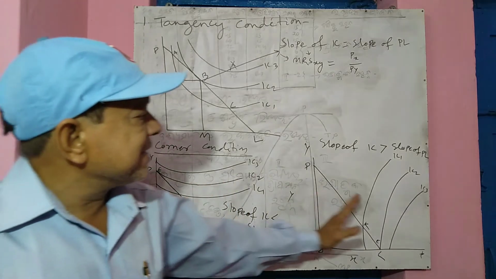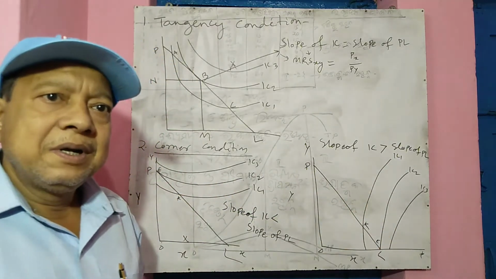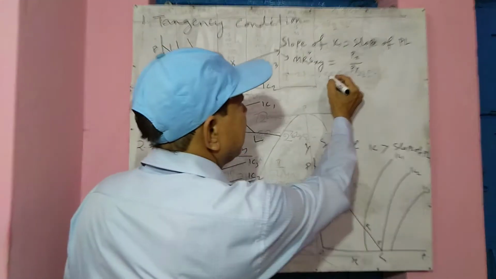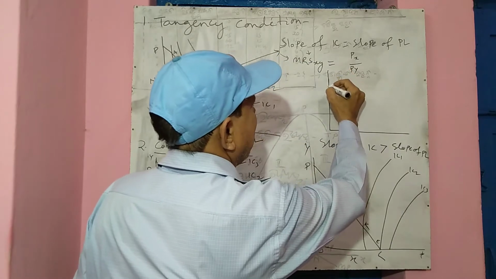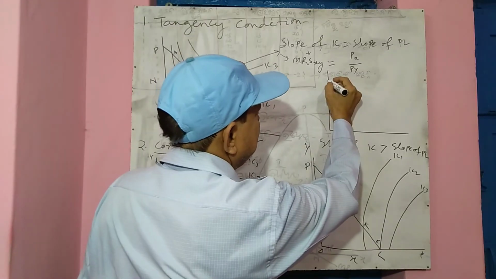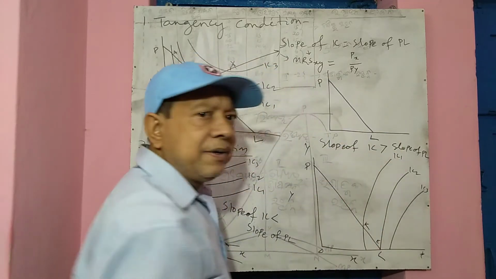Now in both these cases, the indifference curves are convex, but in case of concave IC, what happens? Let's say this is price line PL.